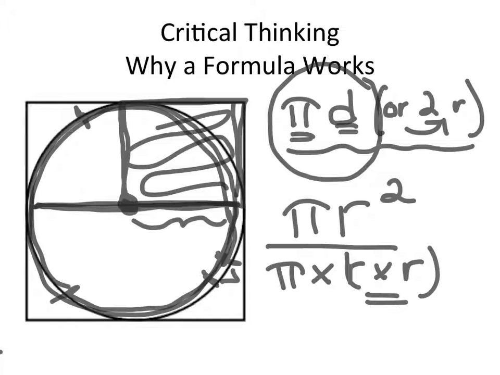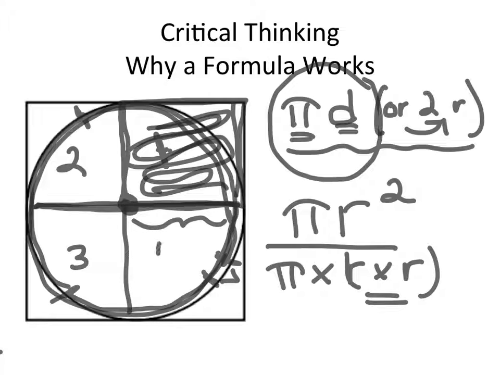So if we go back to our picture now and we say to them, here is 1 radius squared. If I were going to find the area of this entire square, just forgetting the circle for a minute, how many of these would I need? Well, I would have 1 here, 1 here, another one here and another one here.